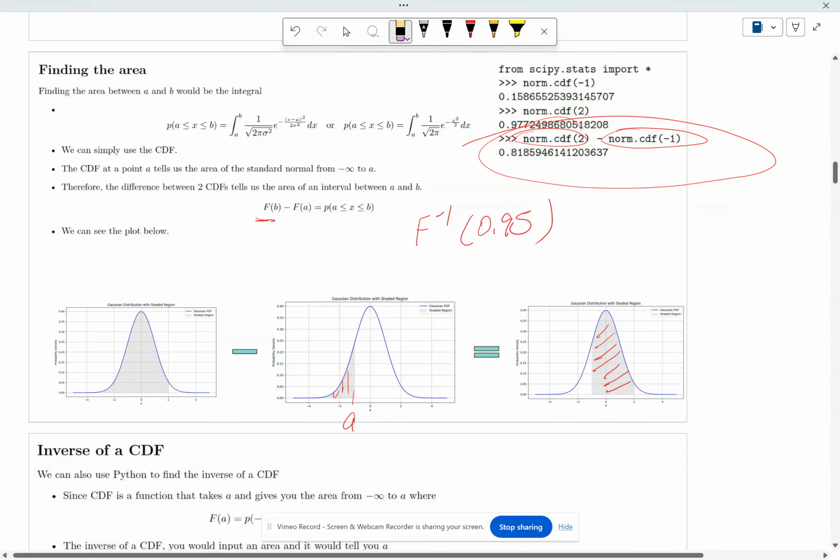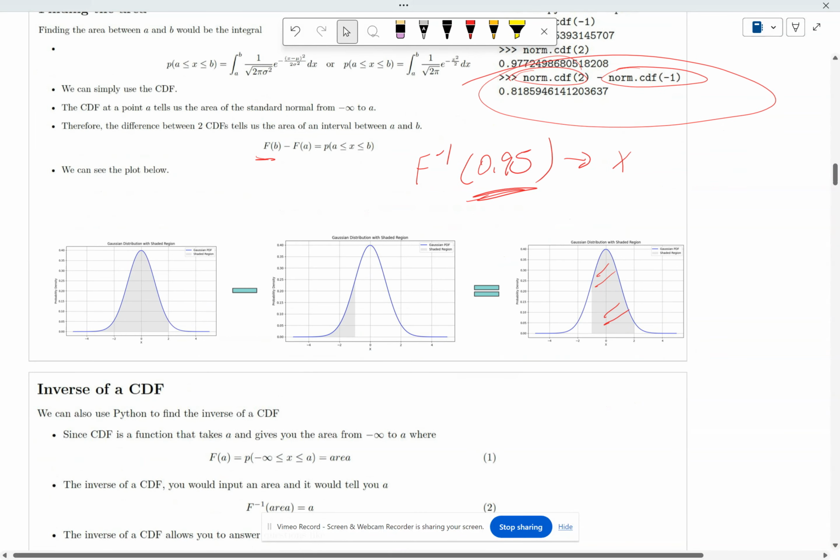If you do that, it's going to return x. So, for example, if you want the x such that the area contains 95% of the population, you put this here, and it will tell you the x value that gives you the 95%. Okay, so that's the CDF inverse.